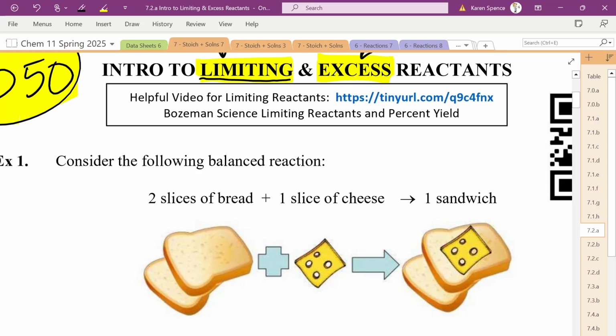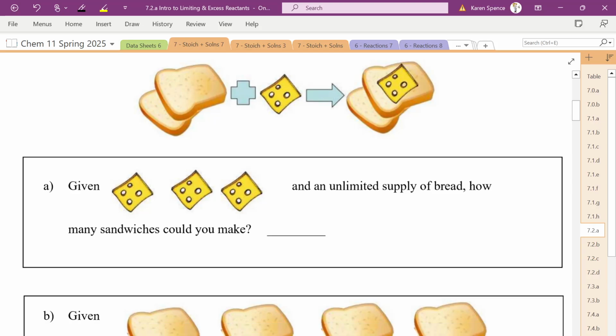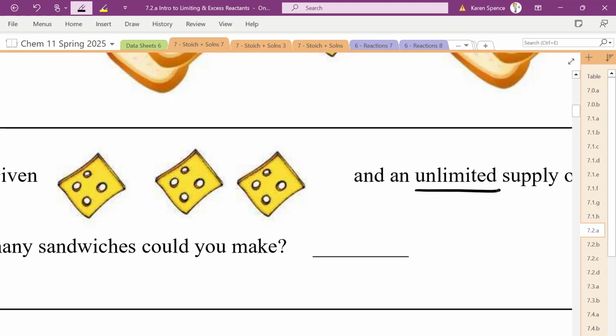I didn't put the other piece of bread on top because otherwise you could not see the cheese, and I wanted you to be able to see the cheese. All right, so let's imagine if you are given 3 pieces of cheese and unlimited bread, how many sandwiches could you make? 3 sandwiches.